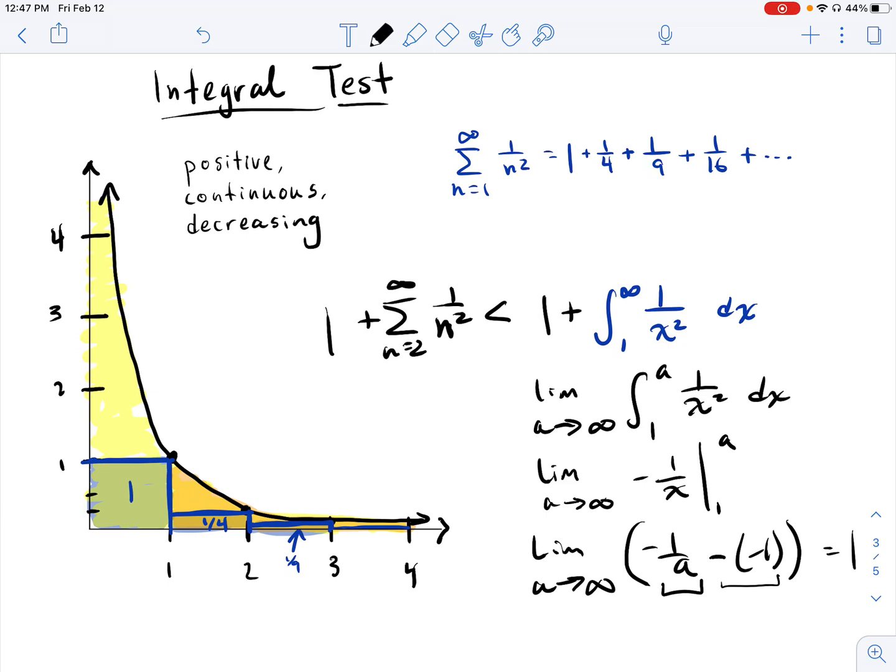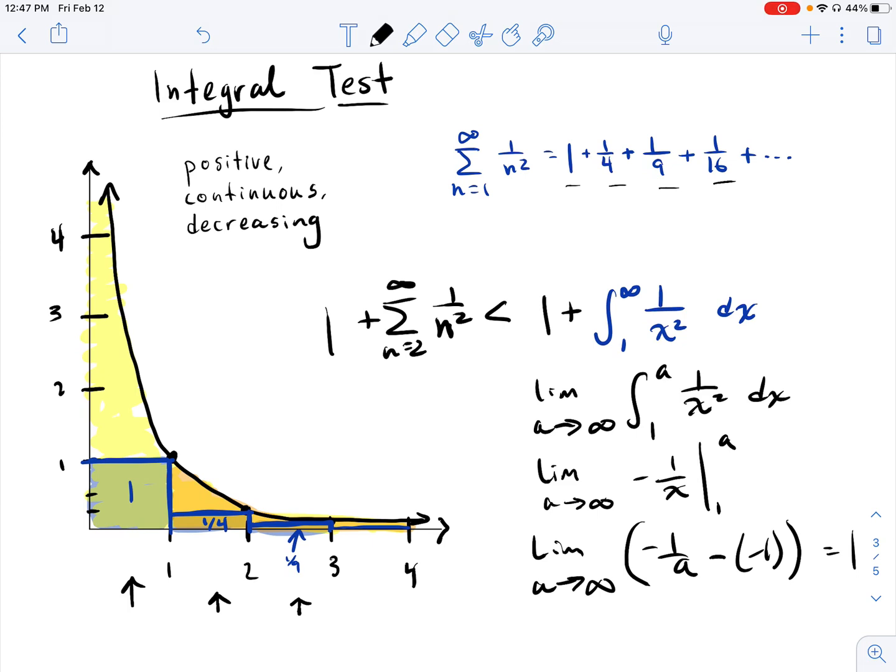And from 1 to infinity, we see that that finite value is 1, and I've written out the improper integral below. But what we see here is, if this yellow shaded region does indeed converge to a finite value, and if my original series, whose terms are represented by these areas, 1, 1/4, 1/9, well, the highlighted area underneath the curve is certainly going to be greater than the sum of these terms here.